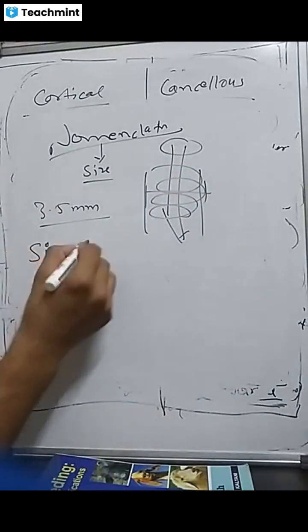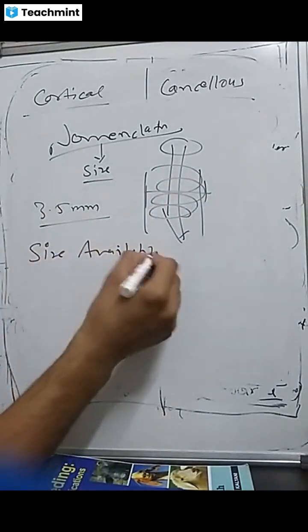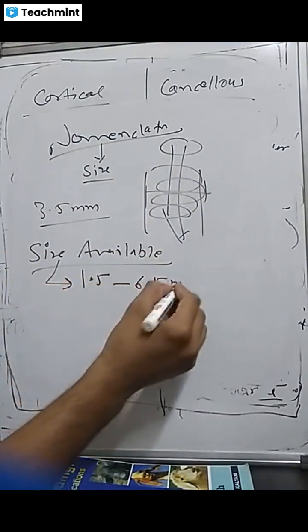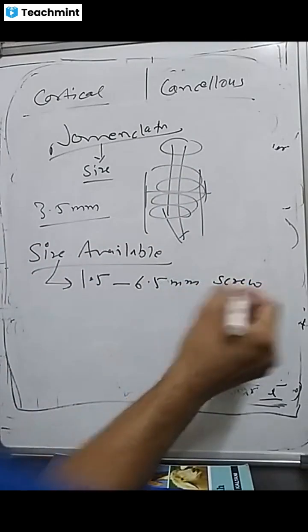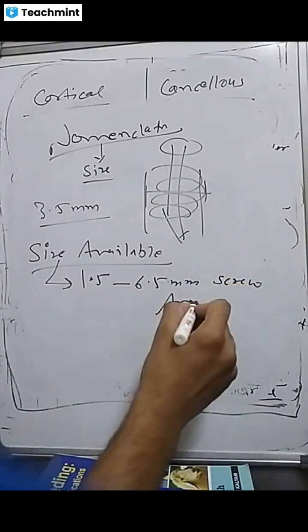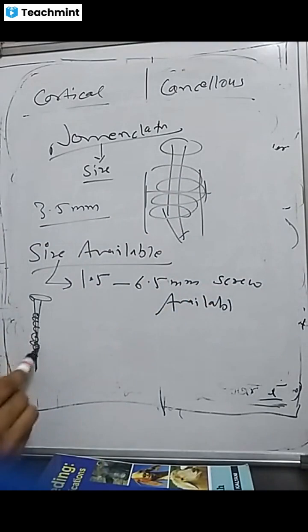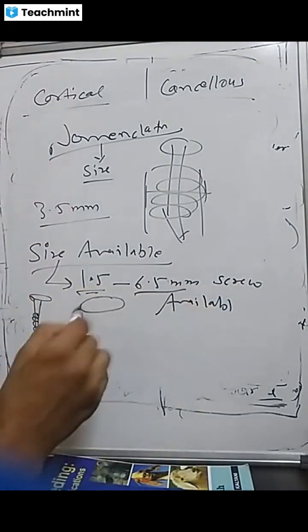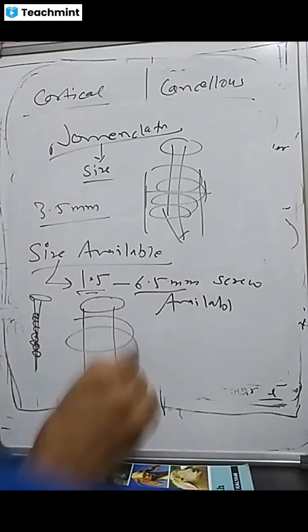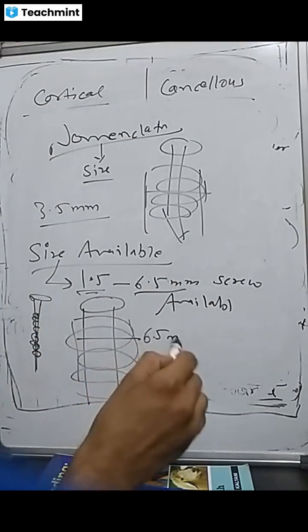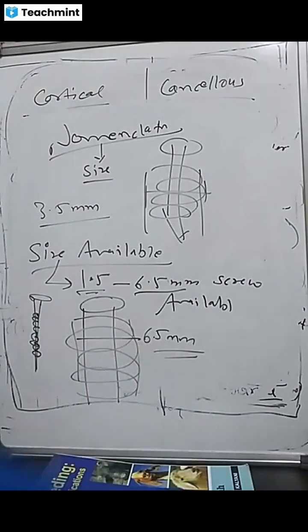Sizes available in the market range from 1.5 to 6.5 mm. 1.5 is the smallest screw, and 6.5 is the big one, having a thread diameter of 6.5 mm. So these are the differences.